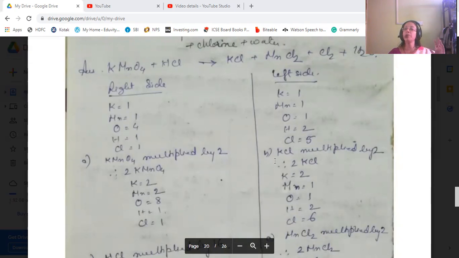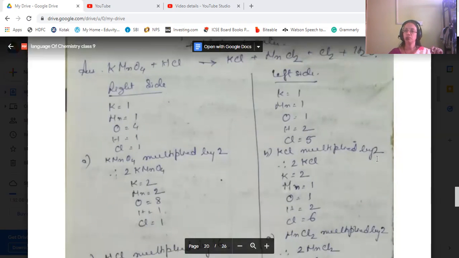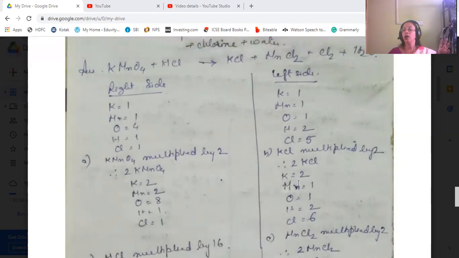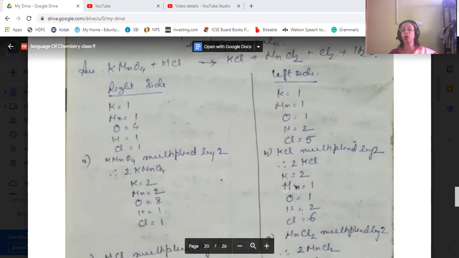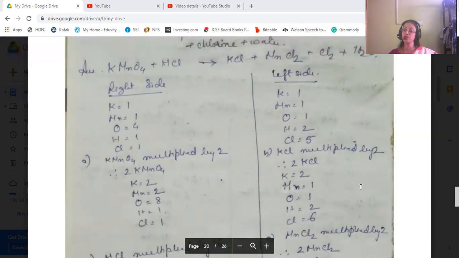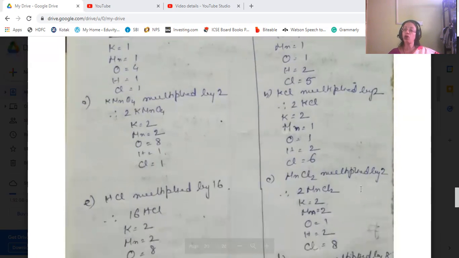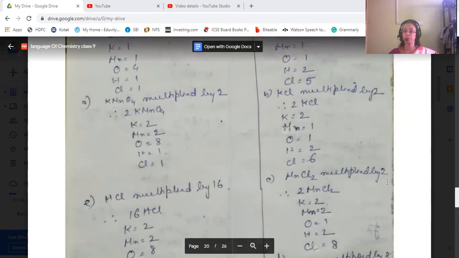Now, the second step is KCl on the product side is multiplied by 2. Okay, so 2 KCl we get. And so we get on the product side K is equal to 2, Mn is equal to 1, O is equal to 1, H is equal to 2, Cl is equal to 6. Next step is on the product side again, MnCl2 is multiplied by 2.